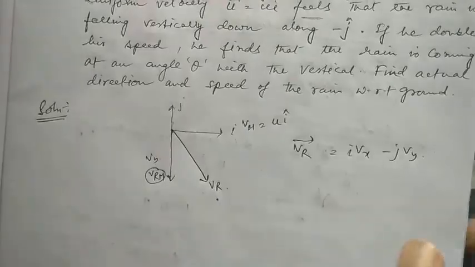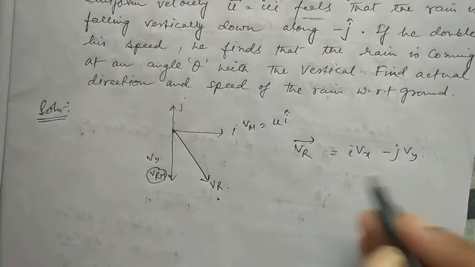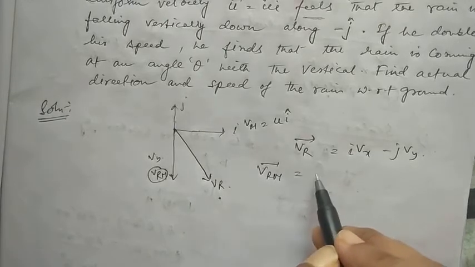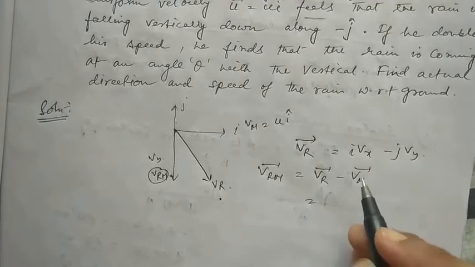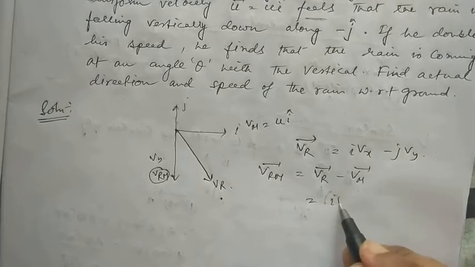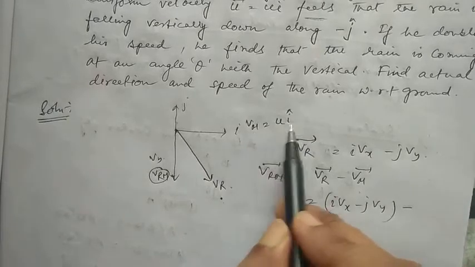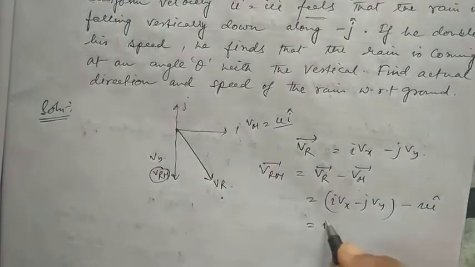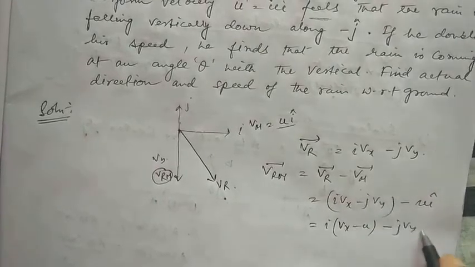Suppose Vr has two components, one along the x-axis and one along the negative y-axis. So what is Vrm? Now we all know Vrm means Vr minus Vm. So replacing Vr as i Vx minus j Vy and Vm as u i, we get, if we take i common, this is Vx minus u, minus j Vy.